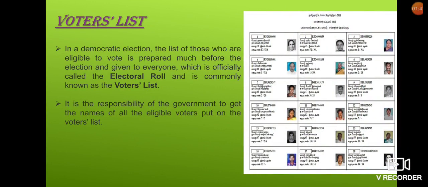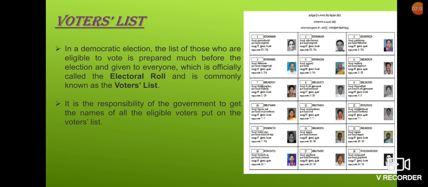The very first step for the election process is the formation of voters list. In a democratic election, the list of those who are eligible to vote is prepared much before the election and given to everyone, which is officially called the electoral roll and is commonly known as voters list.